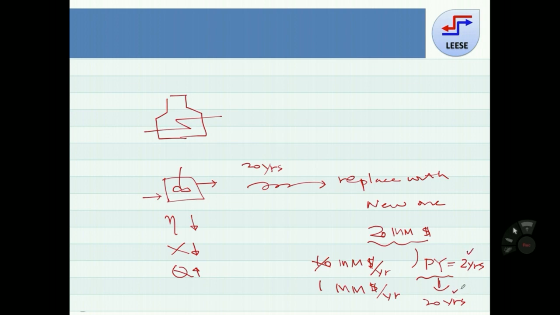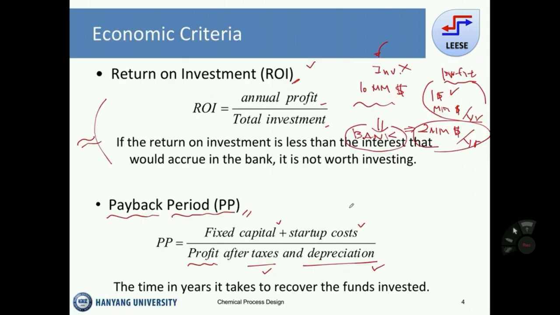So we can compare the effectiveness of the capital investment for the process. In that case, we use the payback period. It's similar to return on investment, and the payback period is more widely used for the retrofit project, okay, retrofit project.